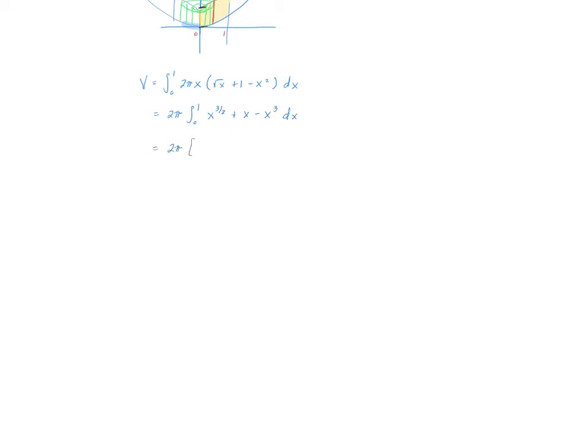I can just go ahead and find the antiderivative or integrate. I'll have x to the 5 halves over 5 halves, which becomes 2x to the 5 halves over 5 plus x squared over 2 minus x to the 4th over 4. So I'm evaluating this integral from 0 to 1.